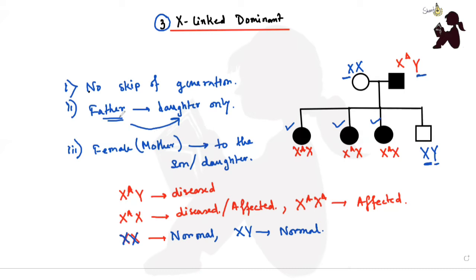Here an affected father can transmit the disease to the daughter only. Okay, and we can see that there is no skip of generation. The disease condition is present in every generation. So this was all about the X-linked dominant condition.